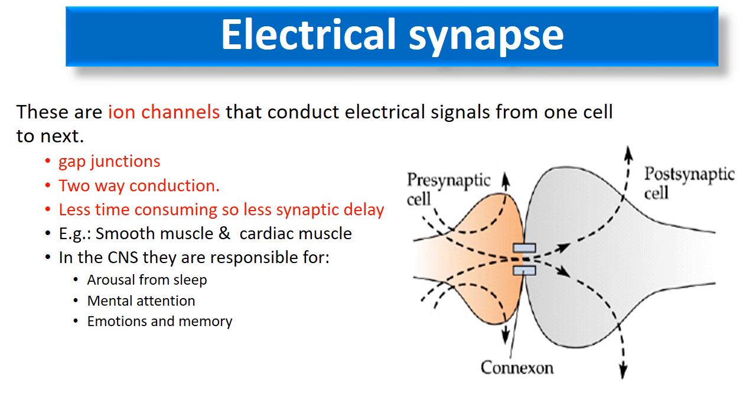In the CNS, they are rare, but there are some circuits which are responsible for sleep, mental attention, emotions and memory. They do have electrical synapses in which the electrical signals from one neuron may pass to another neuron, but not much is known about the electrical synapses in the neurons.